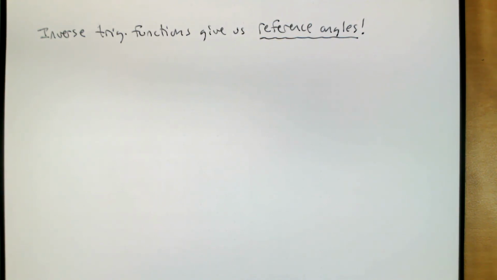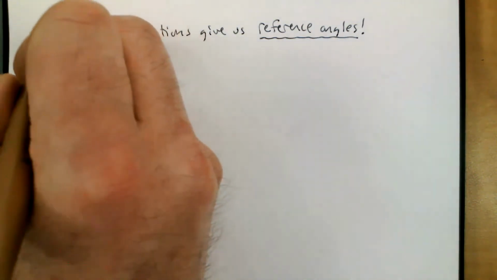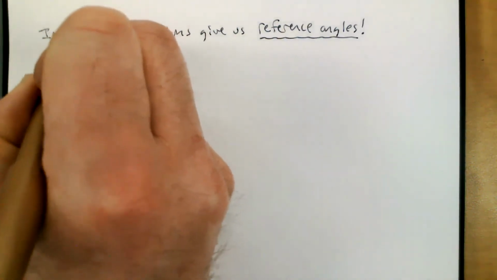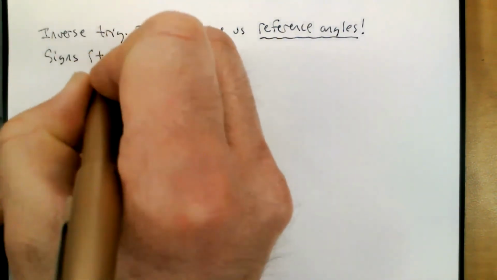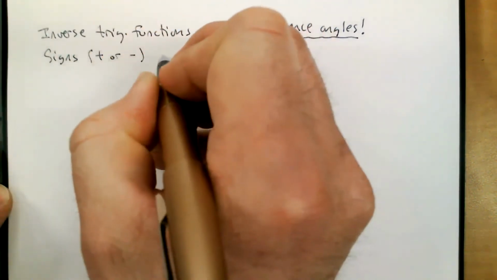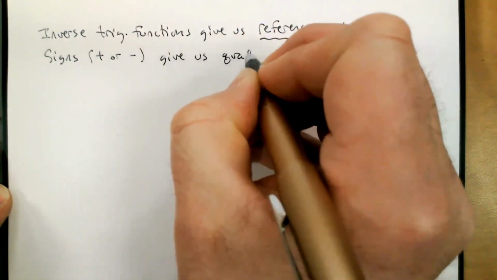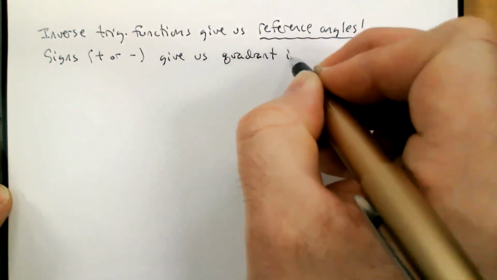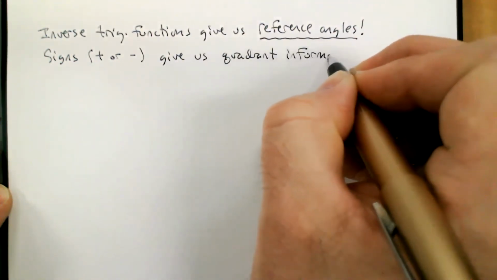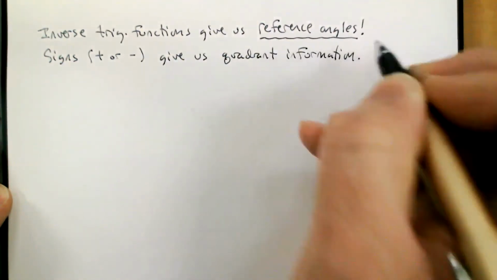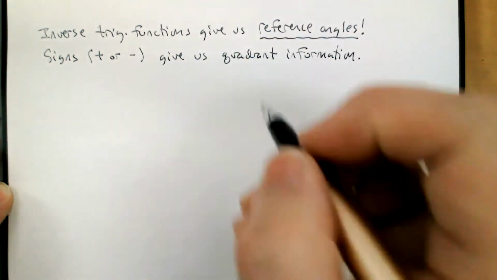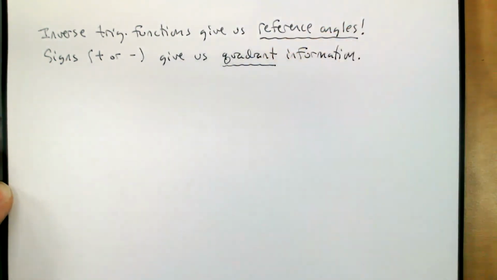Sines plus or minus will give us quadrant information. So the plus or minus will give us quadrants.